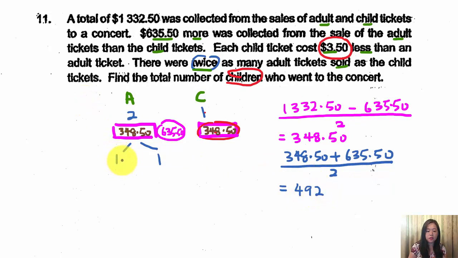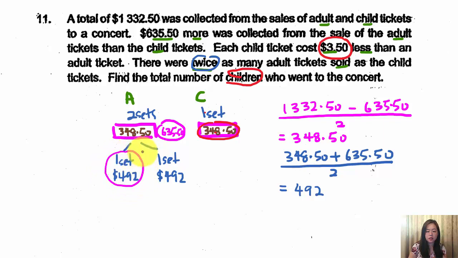So 1 set of adult tickets is $492, and 1 set of children's tickets is actually $348.50.